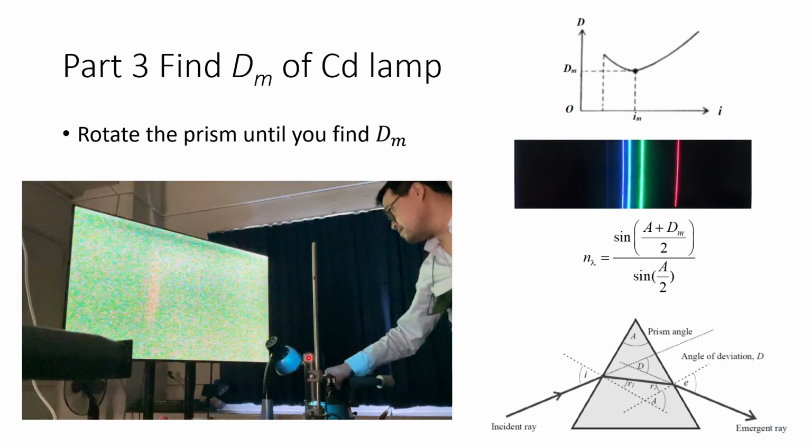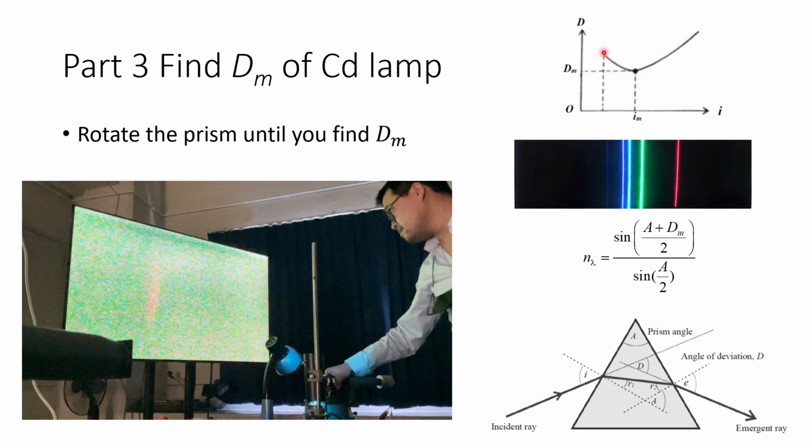Then part 3. You want to find the minimum deviation angle of the cadmium lamp. The cadmium lamp would have 5 different minimum angles and 5 different wavelengths, because each wavelength would come in differently. You can see here that the angle of deviation would start reducing and then increasing again.